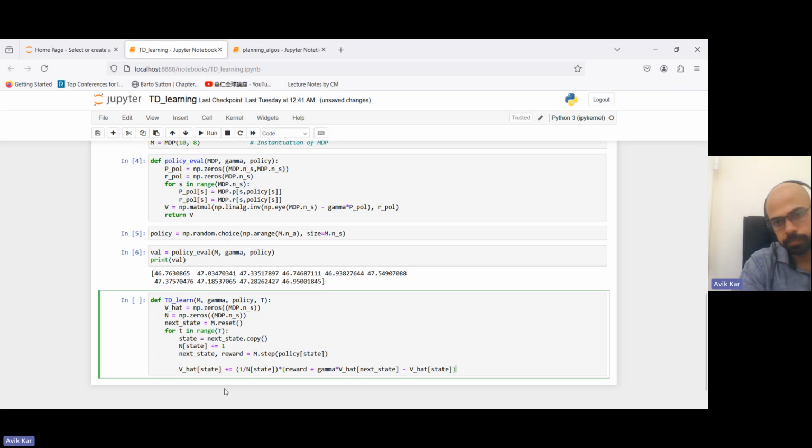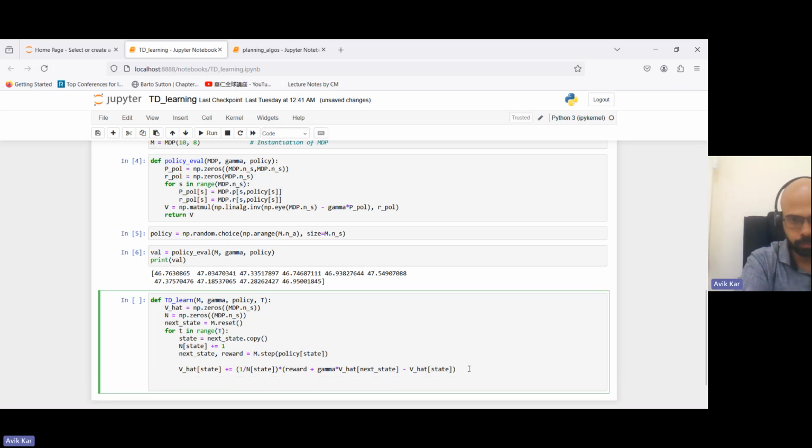That is the update equation. Great. So next, what we have to do, I think that's it. We do not have anything else. And then we have to return V hat.